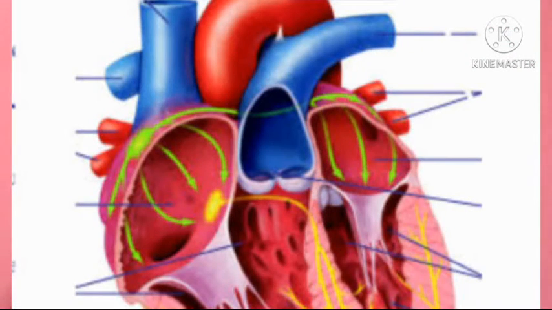Now students, we have to learn, in the internal structure of the heart, how the blood going from auricle to ventricle is controlled and guarded.